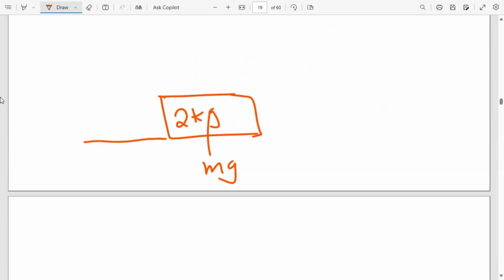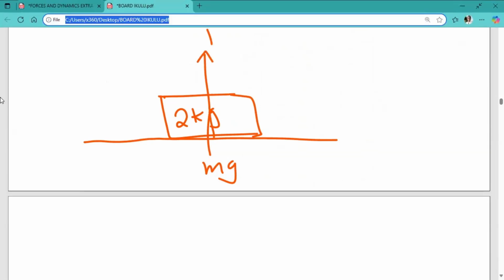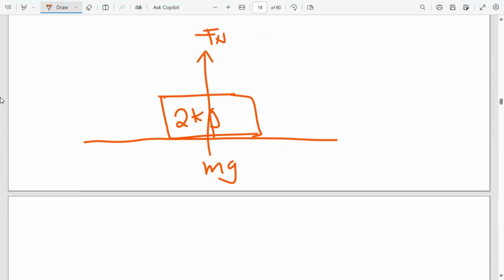And since it is on a horizontal surface, there is a normal reaction force, Fn there. Then they've said the force of 10 newtons, which is applied at an angle of 30 degrees to the horizontal. This is the data that we've been given, and this is a frictionless surface. Okay, so this is our free body diagram.